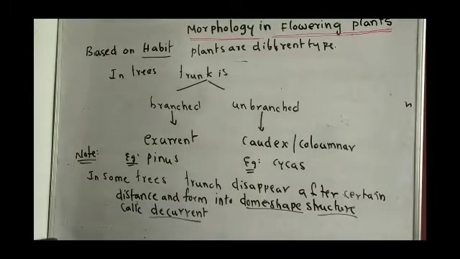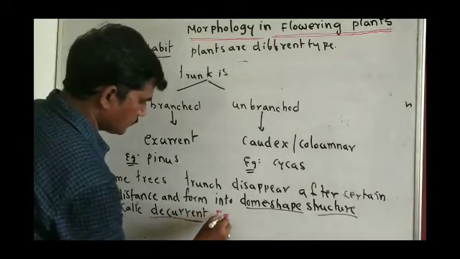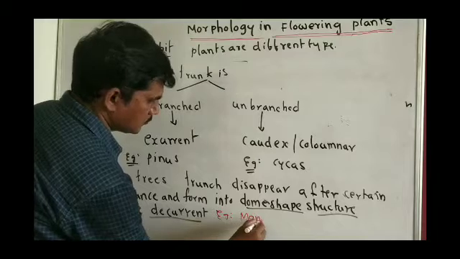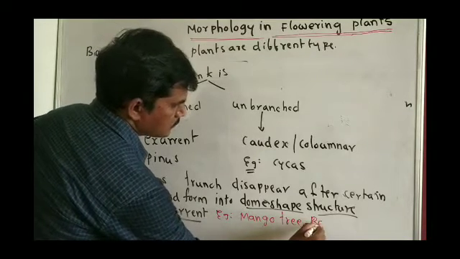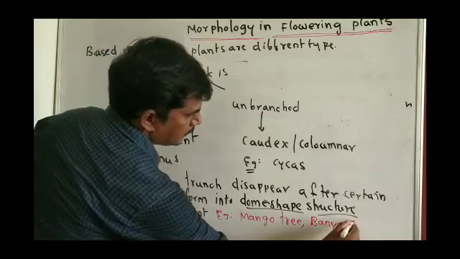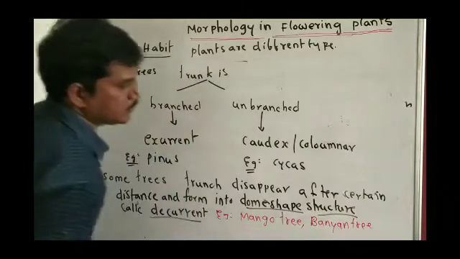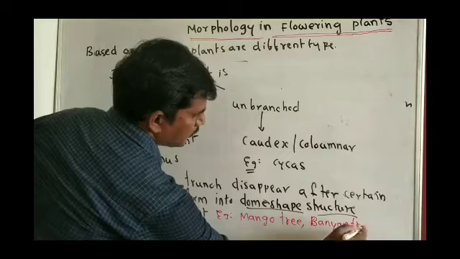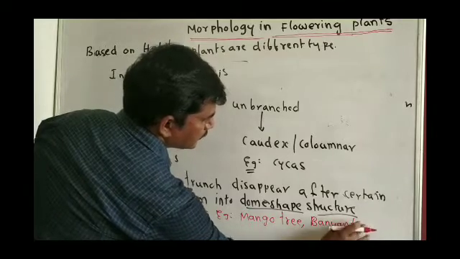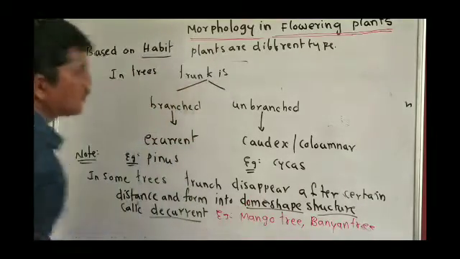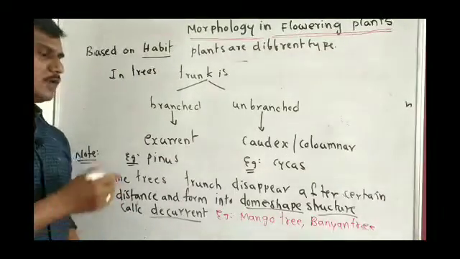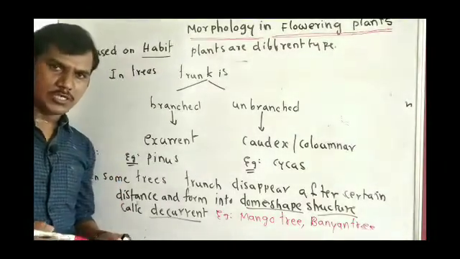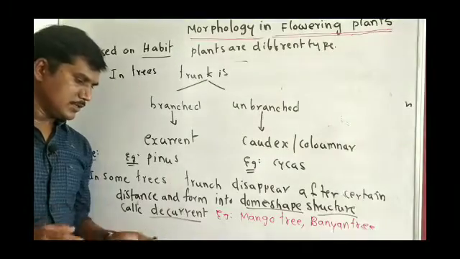Example for the decurrent, mango trees, banyan trees. Yes. So these are the examples of dome shaped trees. So that is about the basis of habit. The plants are given here, herbs, shrubs as well as trees.